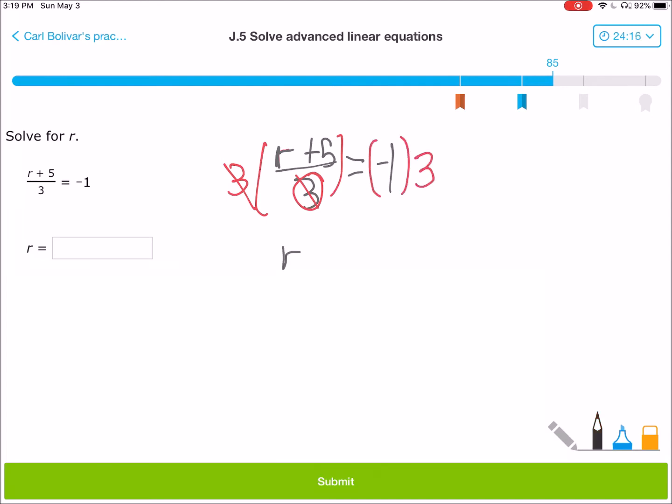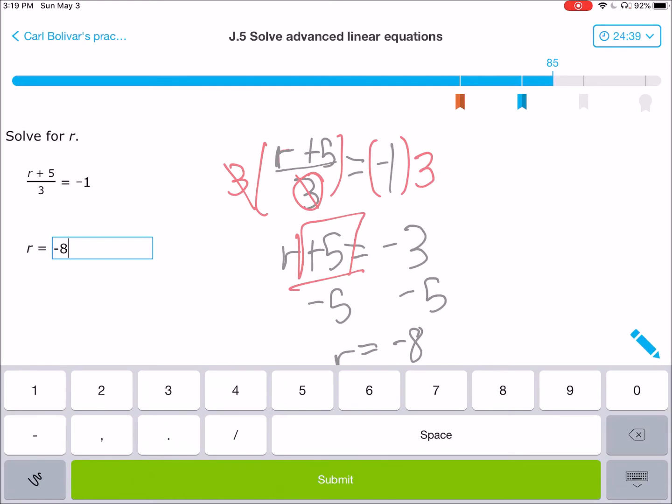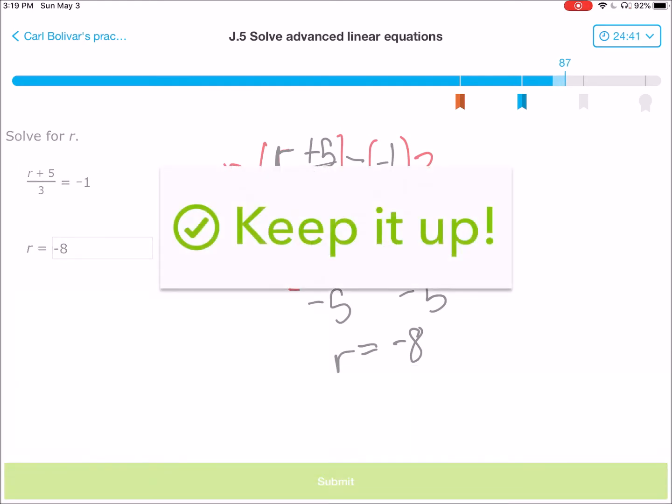We're left with r plus 5 is equal to negative 3. Alright. So then, let's take this 5 and put it to the other side. So we will subtract 5 from each side. And we're left with r is equal to negative 8. Our answer is negative 8.